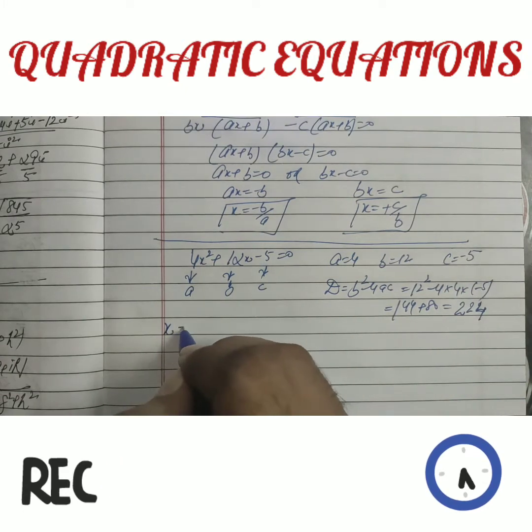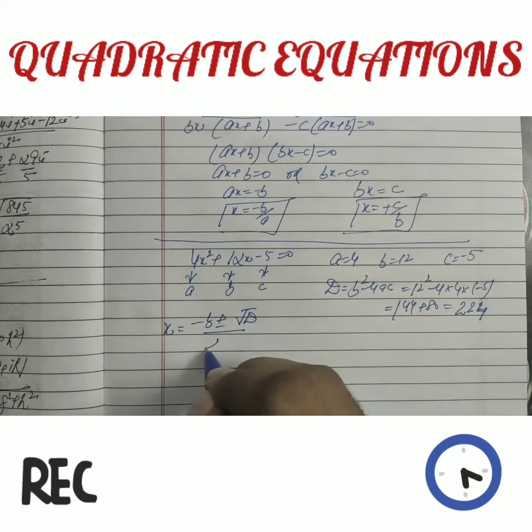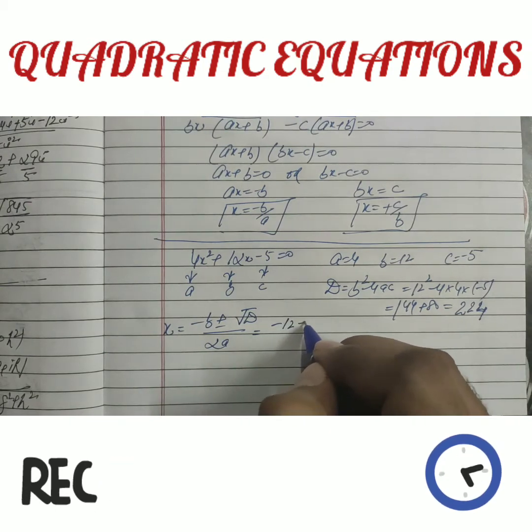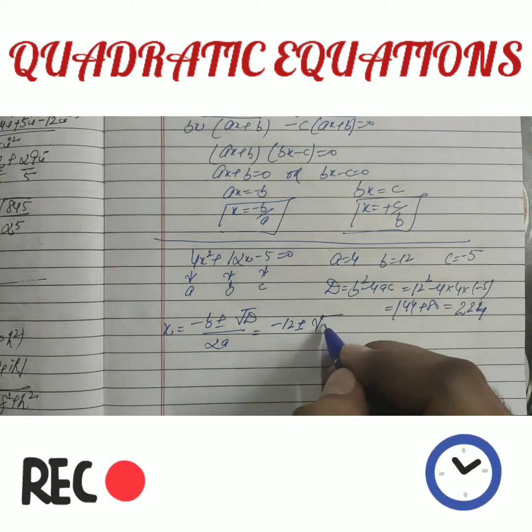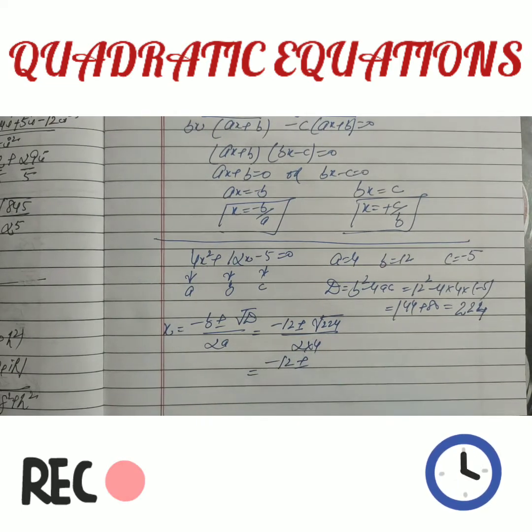Now by the quadratic formula we have the rule: minus b plus minus square root of D divided by twice of a. So it can be written as minus of b value plus minus square root of 224 over twice of a, minus of 12 plus minus, make it factorize.